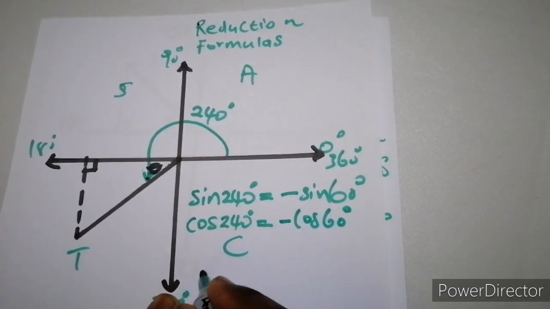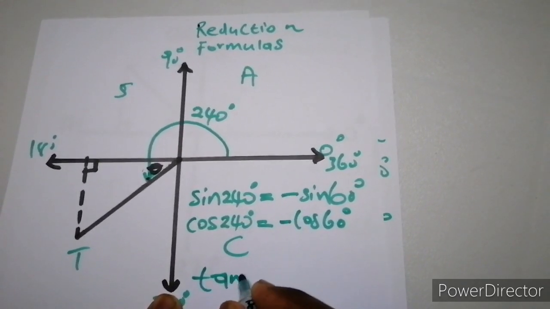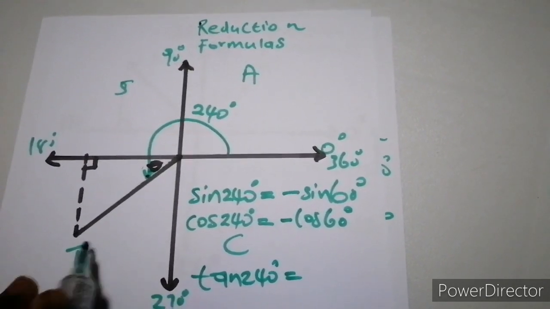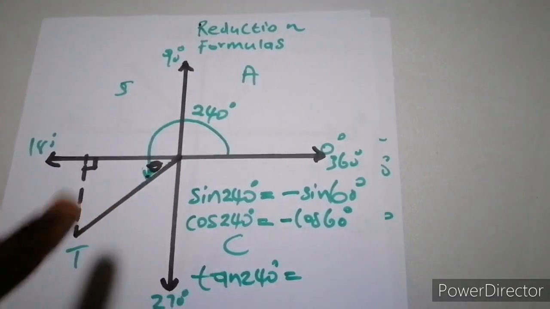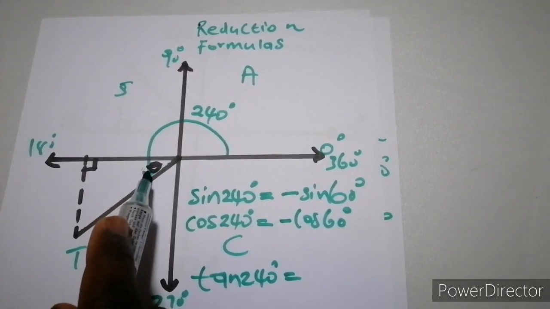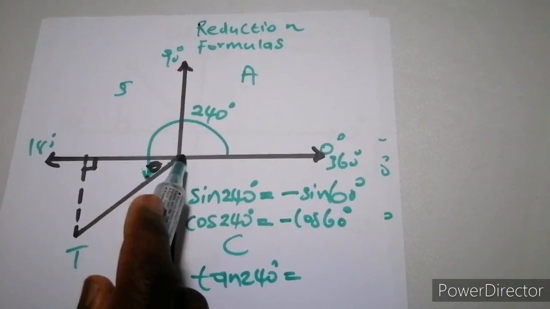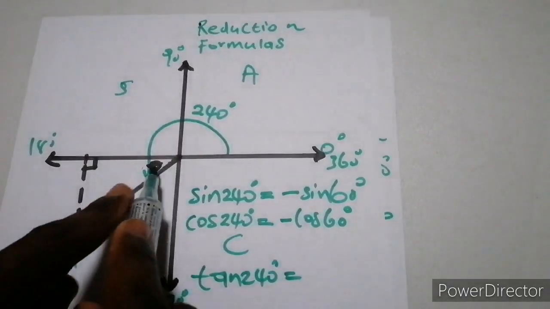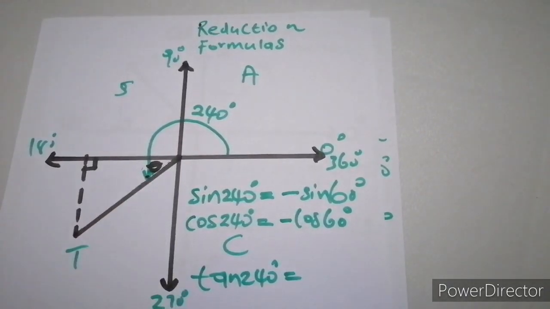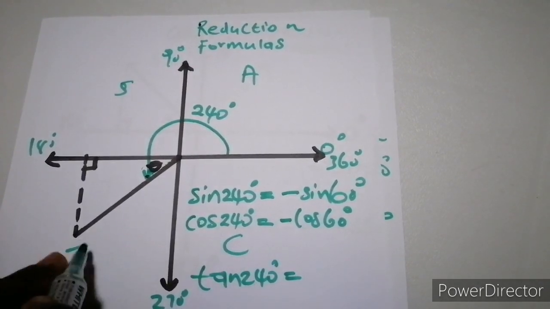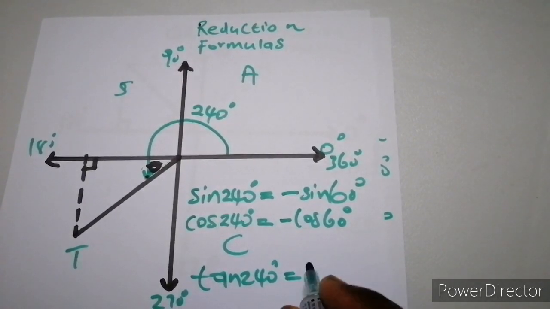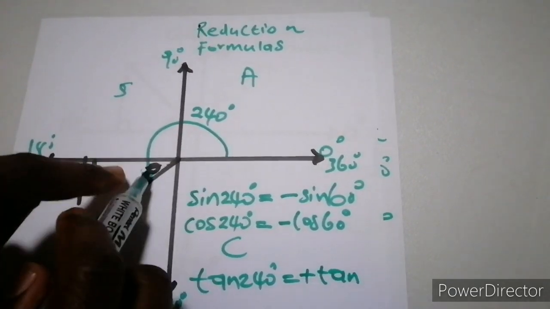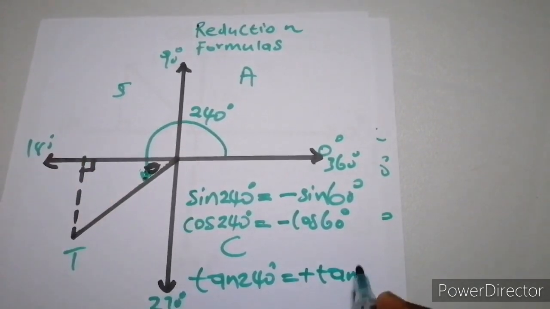The tangent of 240 degrees in that quadrant. Now we're going to use an acute angle, reference angle referred to this quadrant in that right angle triangle. Now this angle is 60. So is that function positive or negative? It is positive. Positive, the tangent of what? Of this reference angle, 60.